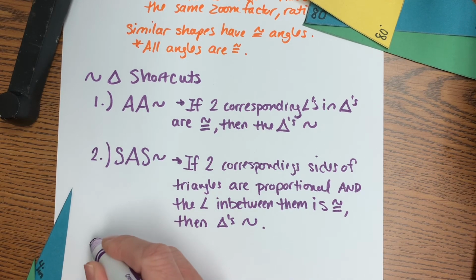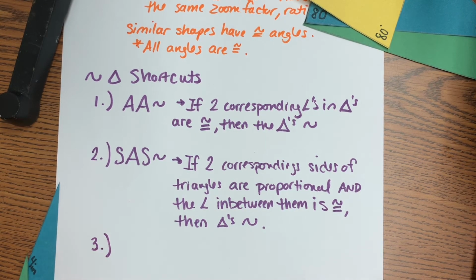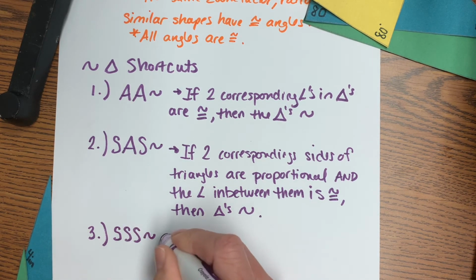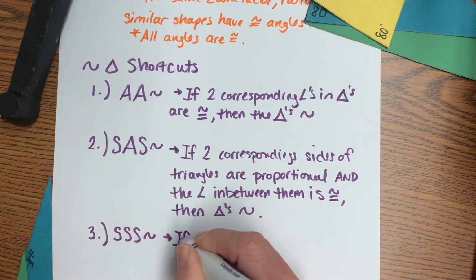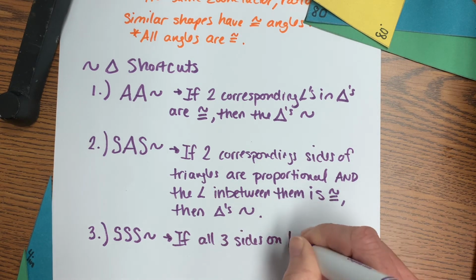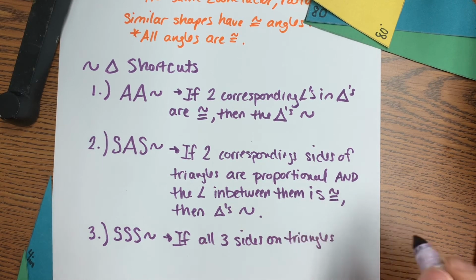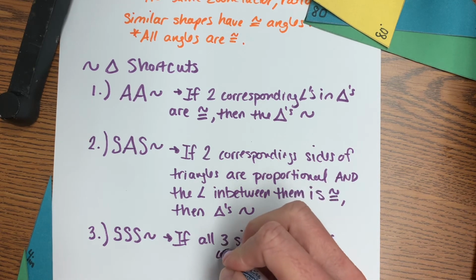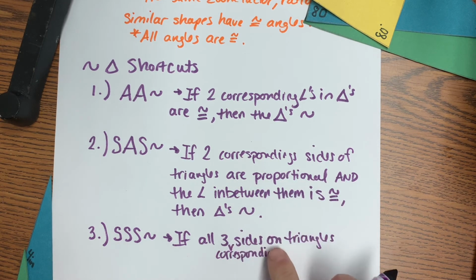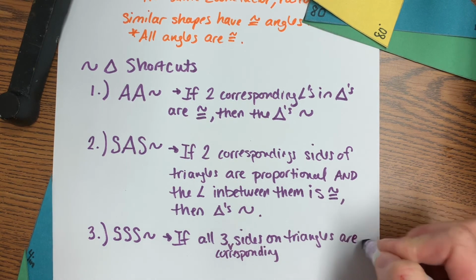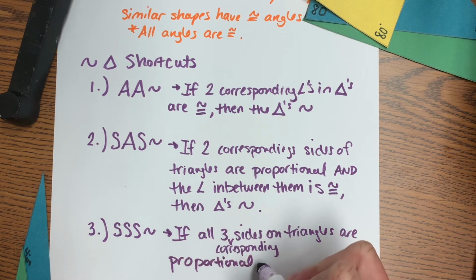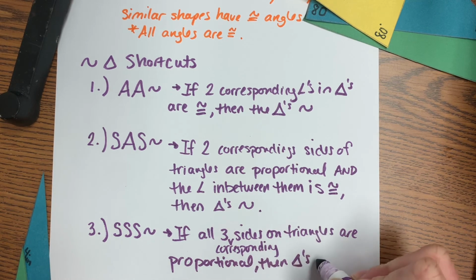And then the third shortcut, I'm not going to show you because it's the definition of dilation. Side, side, side similarity. That just means if all three sides on triangles, all three, I should say corresponding, all three corresponding sides on triangles are proportional, then the triangles are similar.